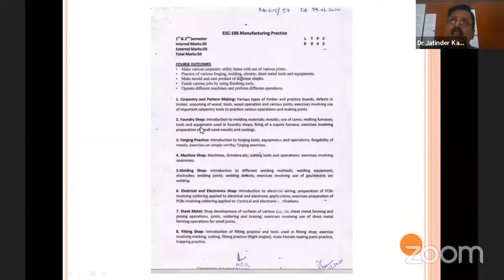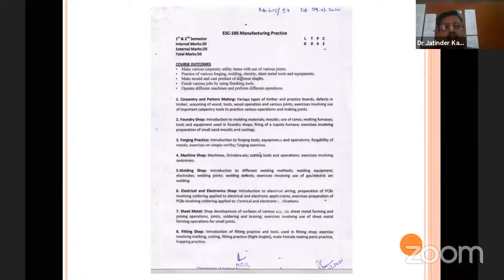You might have seen various industries where casting is going on. In casting, there are certain molds. You pour the molten metal in the mold and you get the desired shape, right? Many forging industries are also there. That also comes under the shaping process, like the forging practice each and every student carries out. It is again a shaping process.